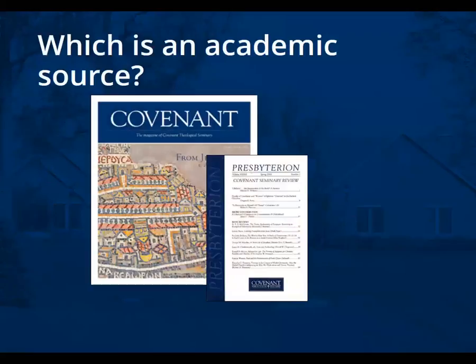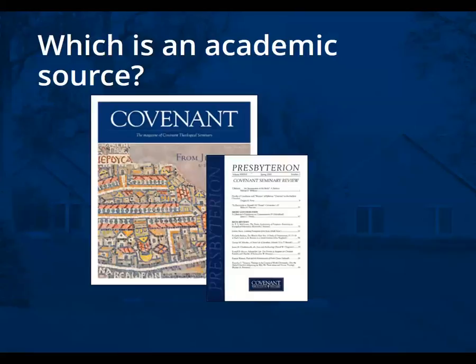But how can you tell? Just by looking at something, as you come up with a PDF in a database, and you're like, is this academic or not? Well, what are the differences between these two publications? Well, maybe the inside of Covenant Magazine looks a little flashier. It's got pictures, maybe a little fancier typography. What is the tone of the writing?